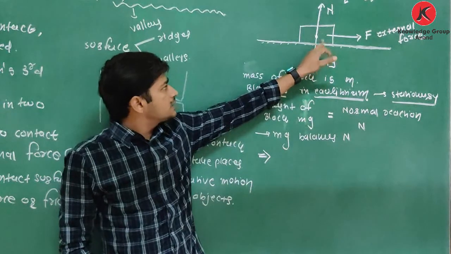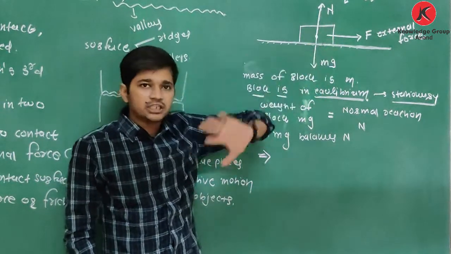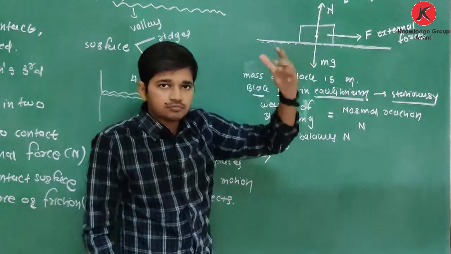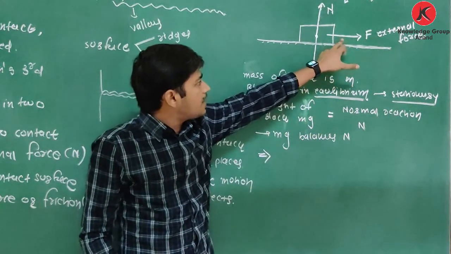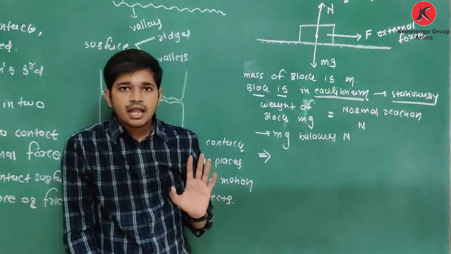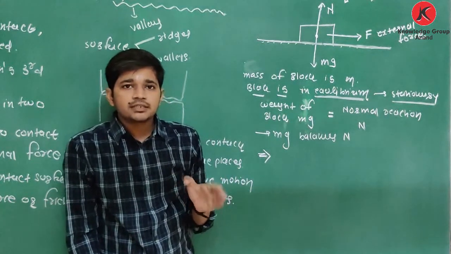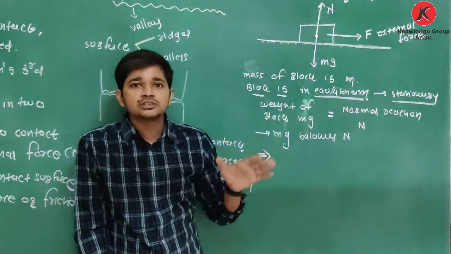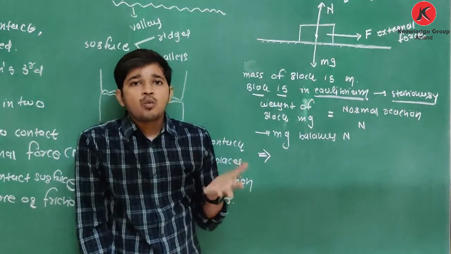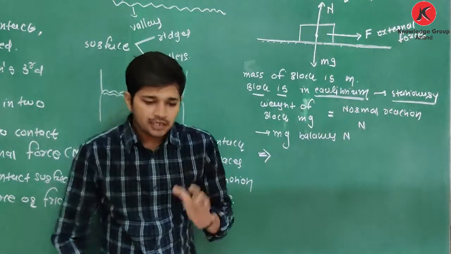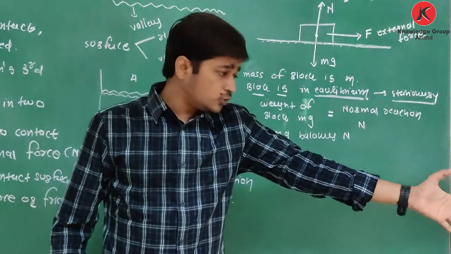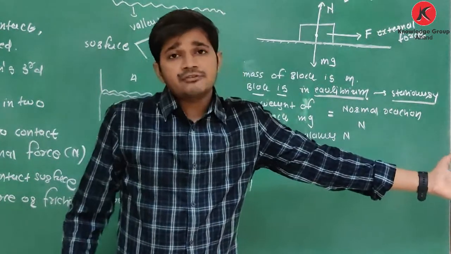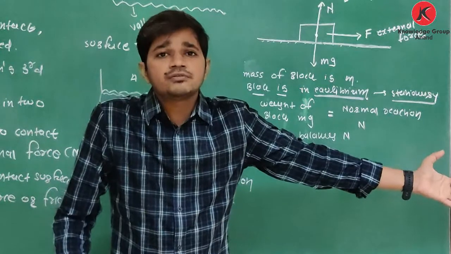These two forces cancel out each other, they cancel out the effect of each other. Now if I am applying external force F and the object is not coming into motion, then what is the meaning of that? If someone pulled me in this direction and I do not move, then what is the meaning of that?